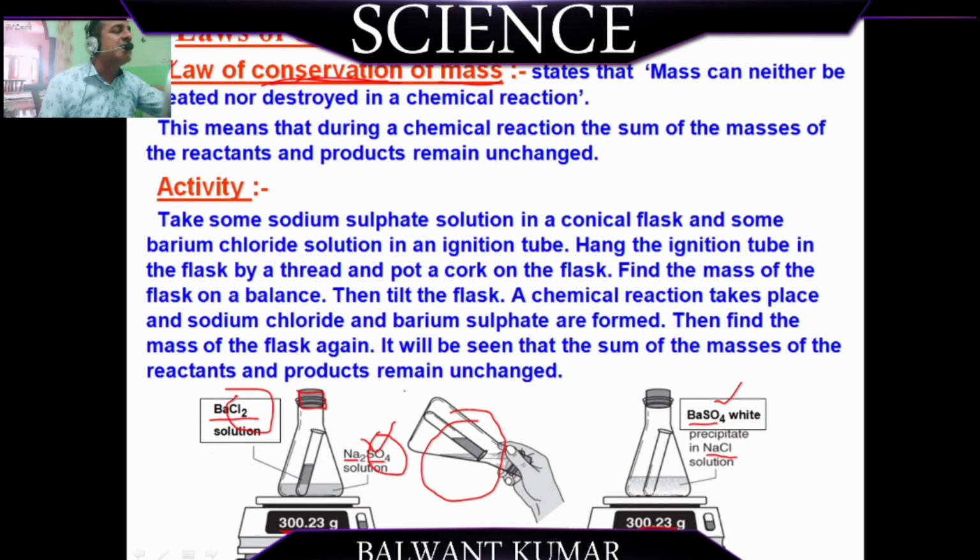So when the reactions are carried out in a closed atmosphere, the mass of the products will remain the same, showing that whatever was the mass of the reactants before the reaction, the same is the mass of the products even after the reaction, showing that there is no loss in the mass. There is no loss in the mass, which states the law of conservation of mass.